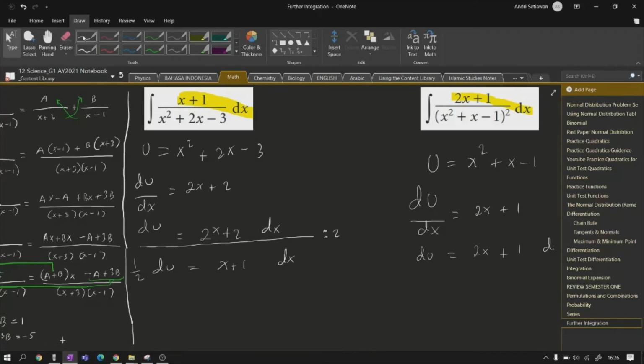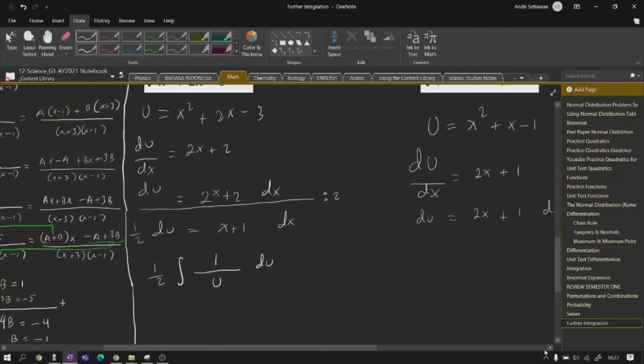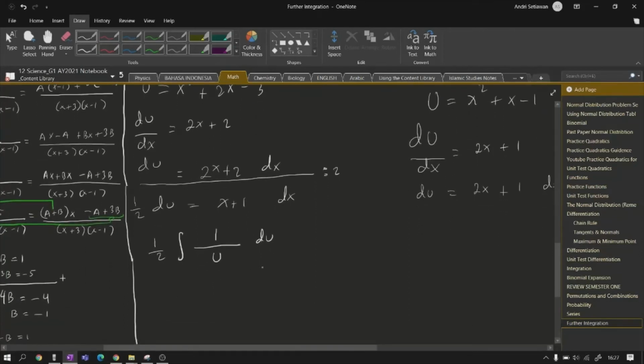The integral has x squared plus 2x minus 3 equal to u, so we substitute by u. x plus 1 dx equals half du, so half du, and you can use 1 for the numerator of this fraction.